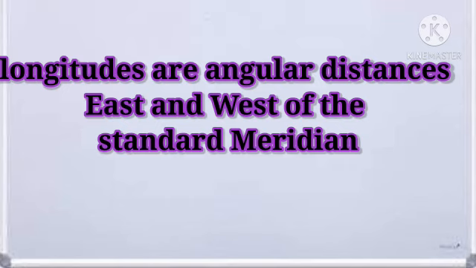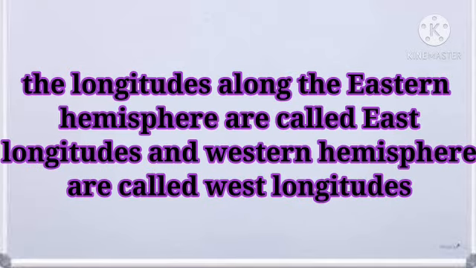Like latitudes, the longitudes along the eastern hemisphere are called east longitudes and those along the western hemisphere are called west longitudes.